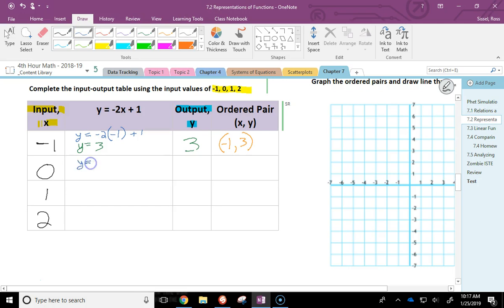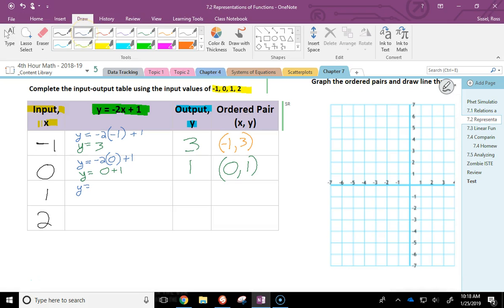So we go to this one. y equals negative 2 times x. x was 0, plus 1. Well, negative 2 times 0 is 0, and 0 plus 1 would give me 1. We have 0, 1. To do number 1, write our equation down again. y equals negative 2 times 1 plus 1.